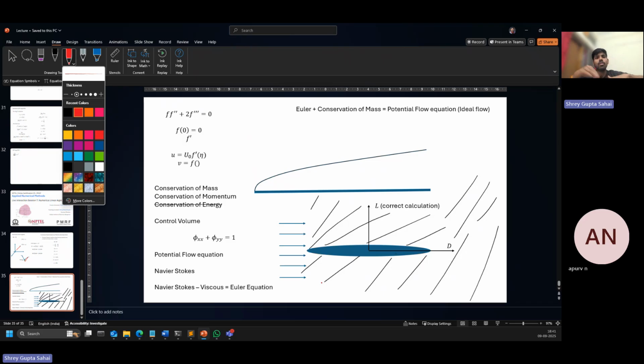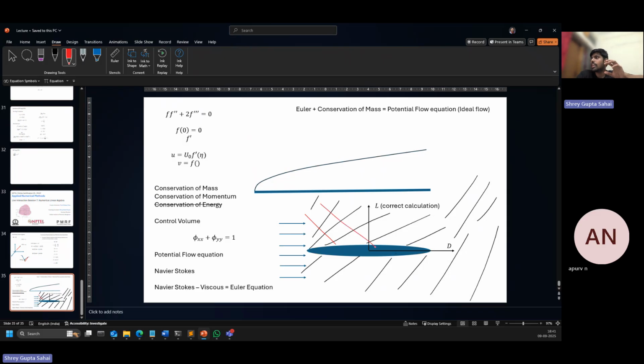Now, shear stress is related to the velocity gradient times the viscosity, right? So if there is a viscosity, there will be some velocity gradient. You remember that also, roughly? Yes, yes. So now what experimentalists saw was that there was no velocity gradient in this region. It was not there, and that was a big problem. They were not able to see any velocity gradients.